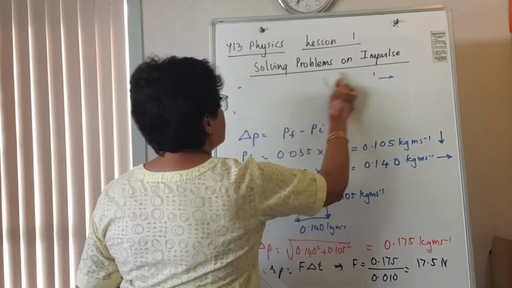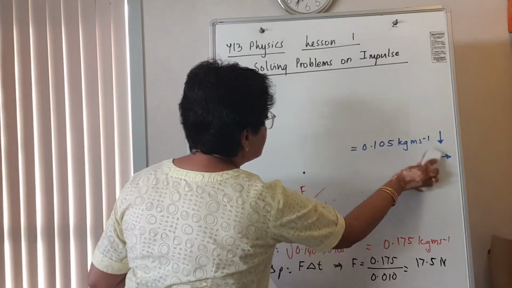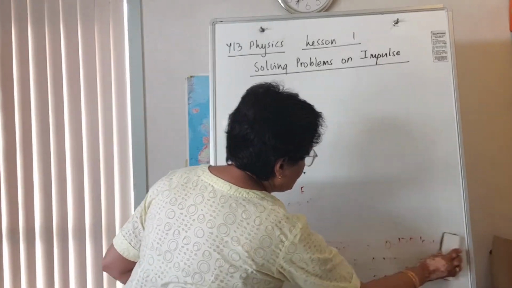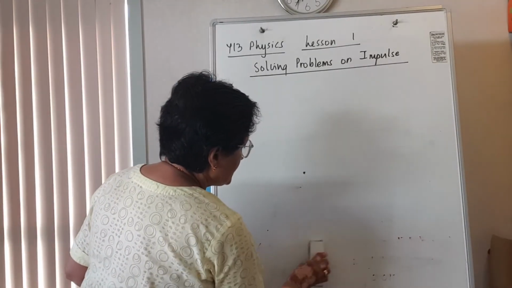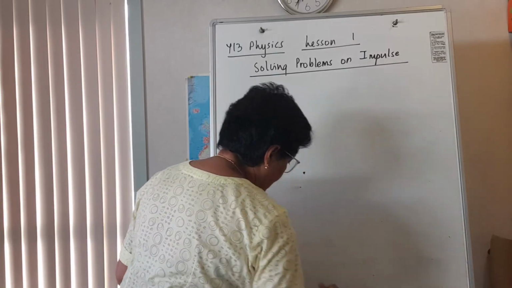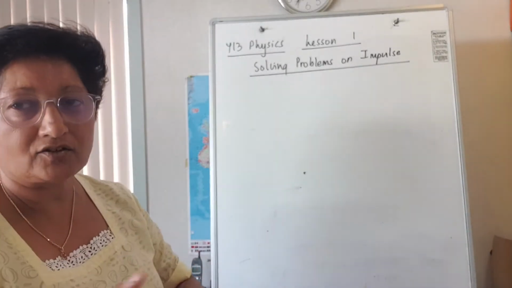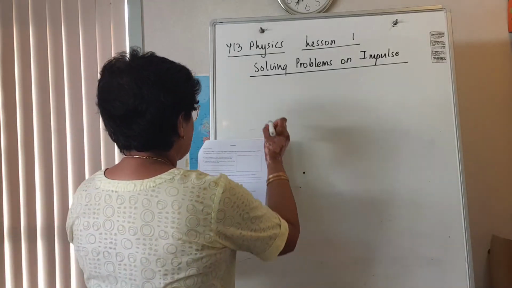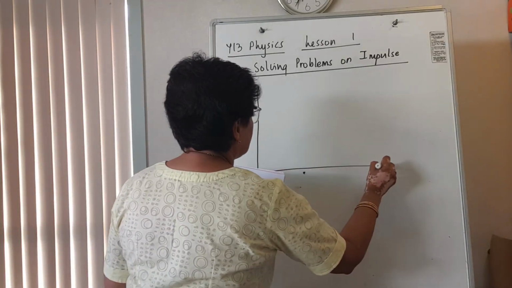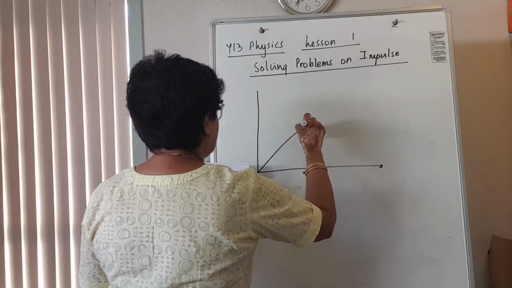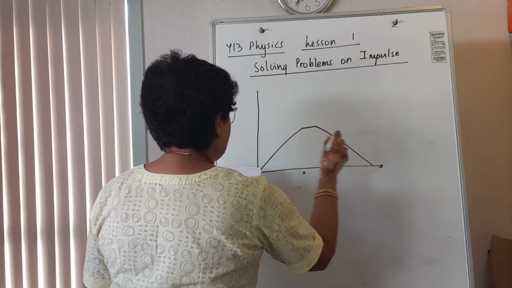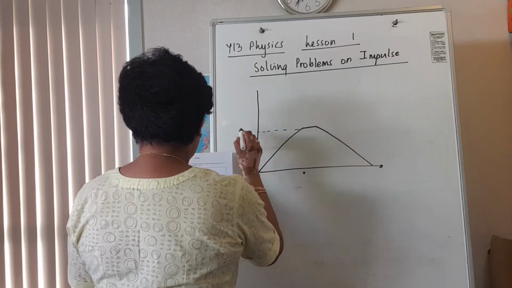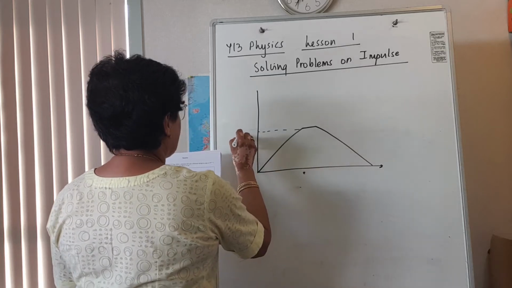So the second one is to do with a changing force. When you have a changing force, you don't use this formula, but you use the area under the graph line to calculate the change in momentum. So this is the same thing. So you have that, and this is 25 newtons.